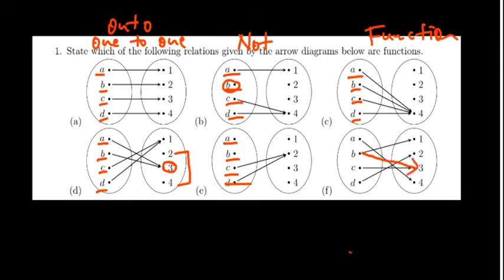But in this case it is a function. So that is just a basic introduction to identifying relations which are functions and which ones are not. Later on we'll look at how to prove an onto function, and how to prove a function is one-to-one.